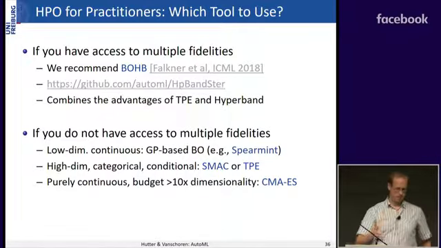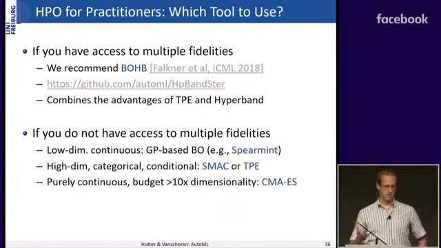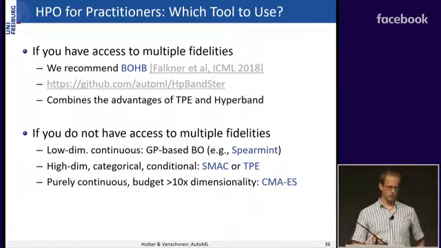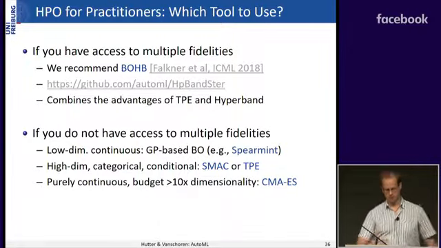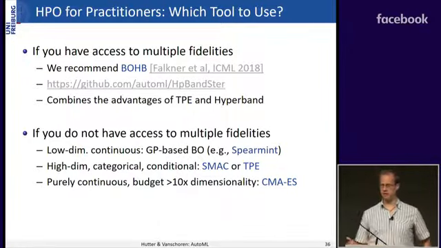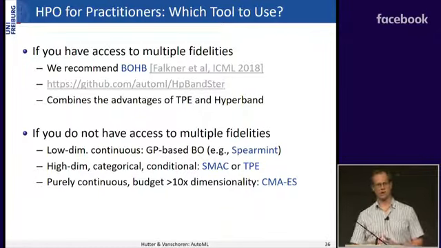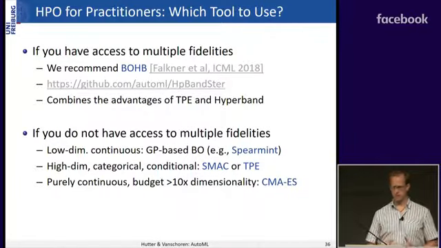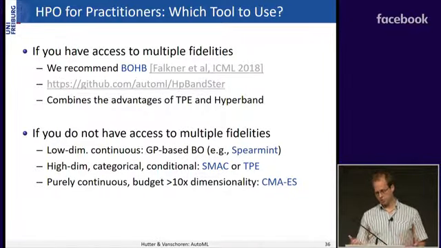And that is why for practitioners right now, if you ask which tool should I use, if you have multiple fidelities, I would recommend Bob because it does combine the advantages of TPE and Hyperband. It's kind of this tool that if you don't want to think about it, it would work quite well. Other multi-fidelity Bayesian optimization methods might also work well if you fit the kernel correctly.